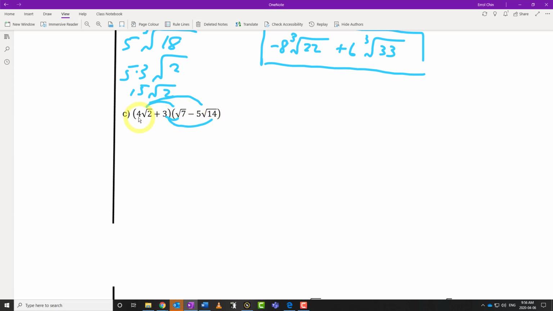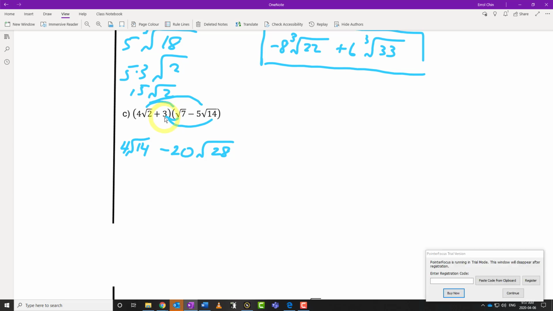So I'm just going to quickly do this. 4 square root of 2 times 1 square root of 7. The coefficients multiply. That gives you 4 square root of 14. 4 square root of 2 times negative 5 root 14. That becomes negative 20, right? The coefficients multiply. And then 2 times 14 is the square root of 28. This, I think we can simplify.